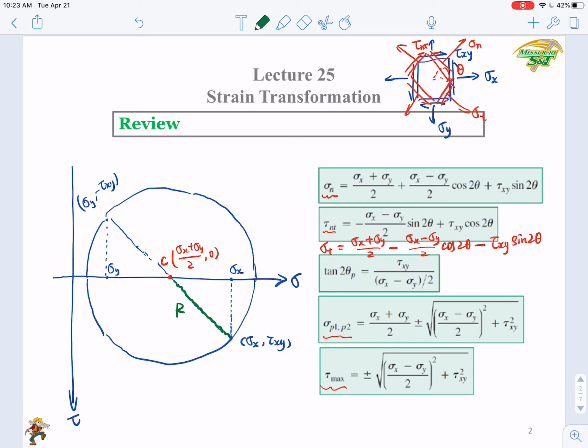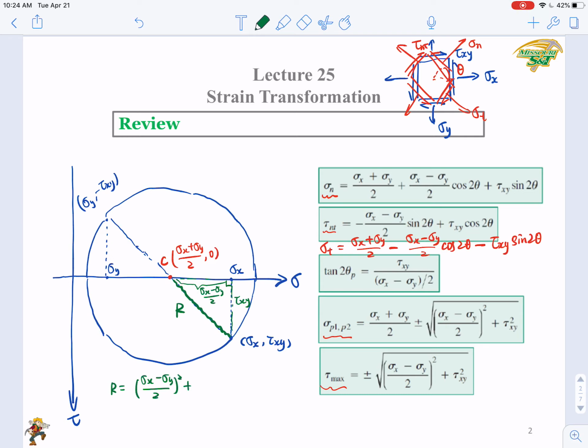So obviously the R will be the square root of ((sigma x minus sigma y) over 2) squared plus tau xy squared.